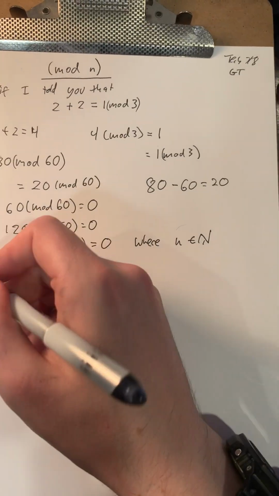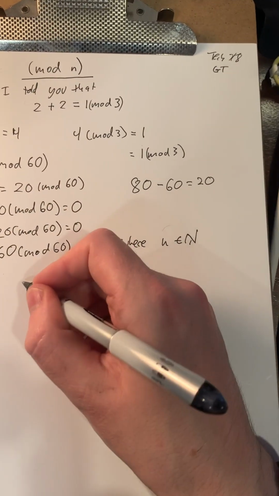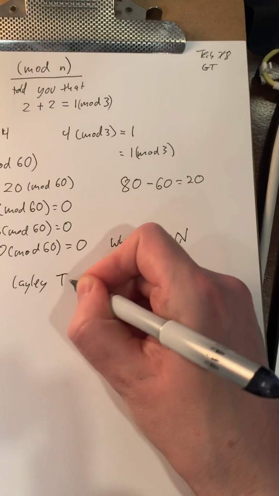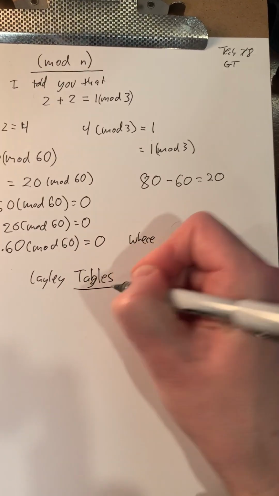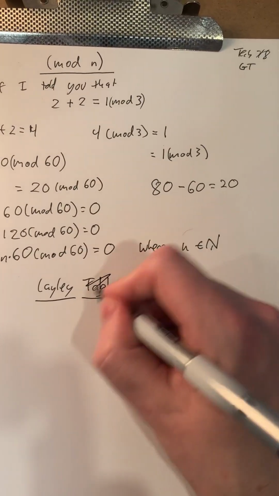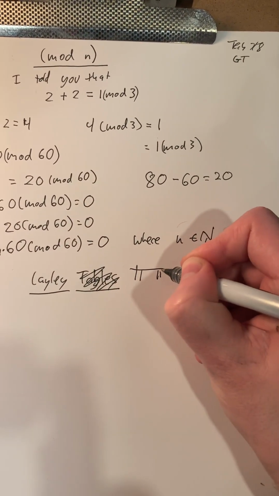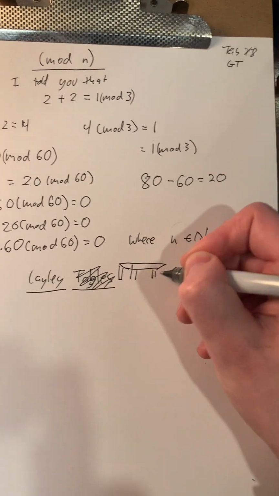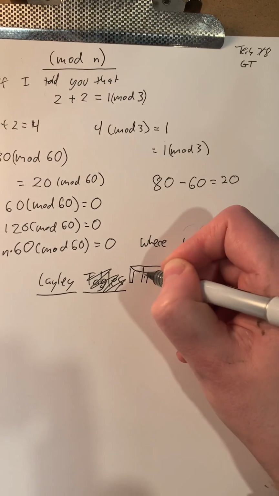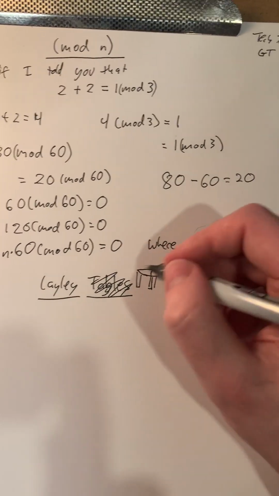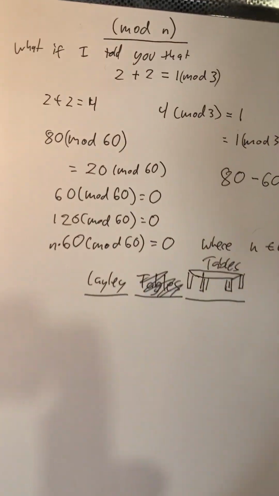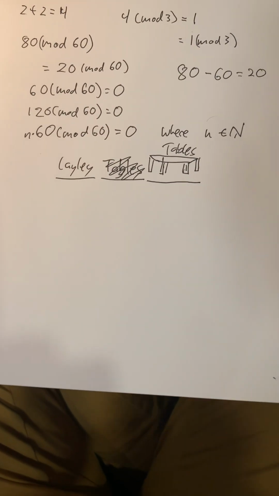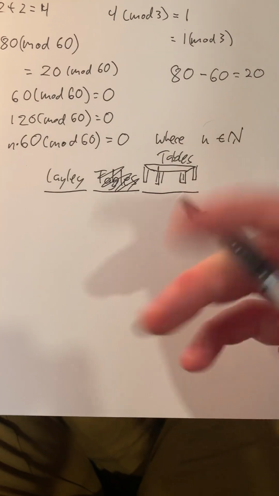So what we can do quite simply for this is draw these nice little things called Cayley tables. Cayley tables are nice and straightforward, and they tell us how addition works in a particular group mod n.